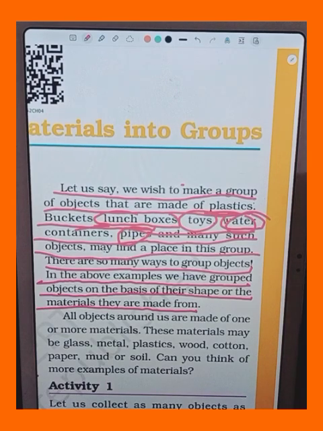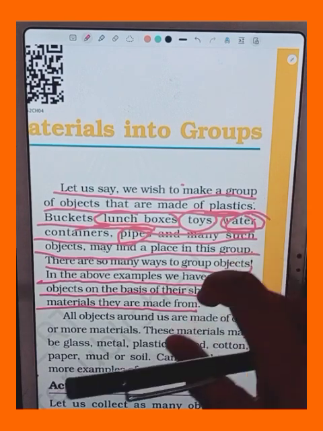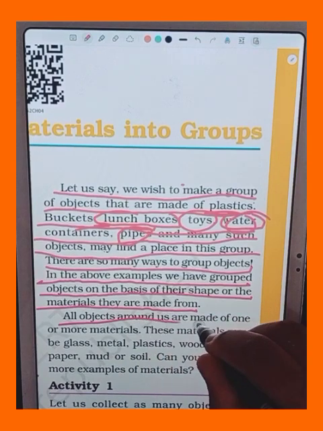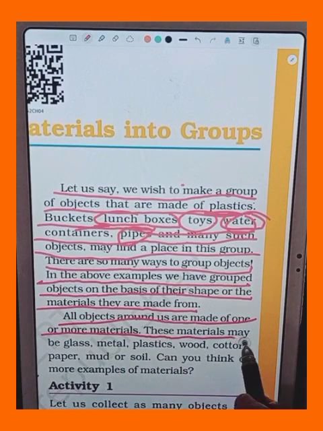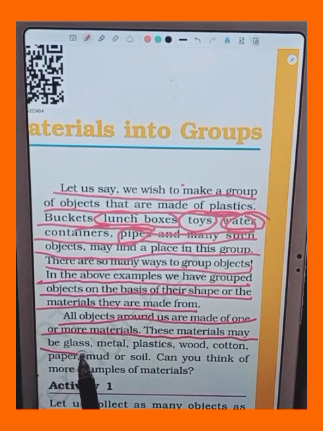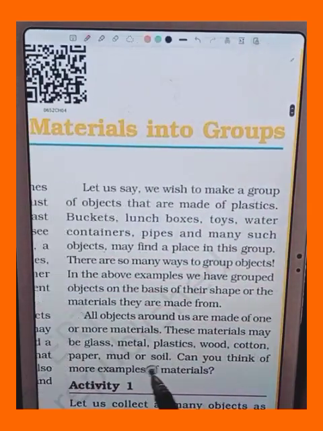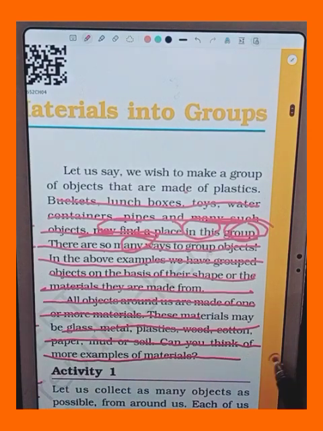Many such objects. All objects around us are made of one or more materials. These materials may be glass, metal, plastics, wood, cotton, paper, mud, or soil. Can you think of more examples of materials? Yes, you can think.